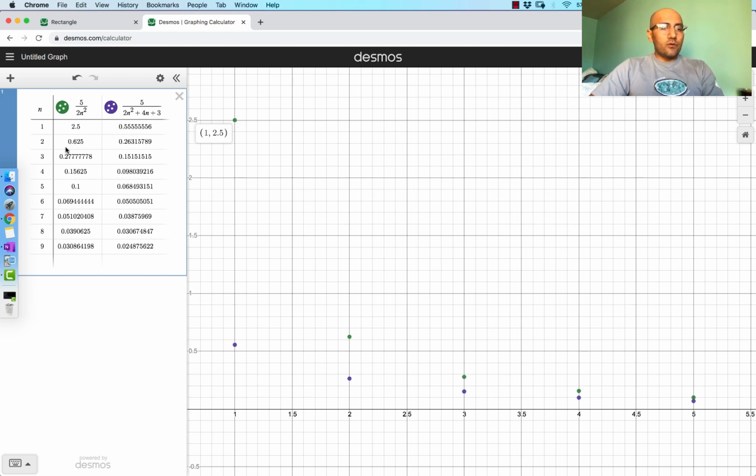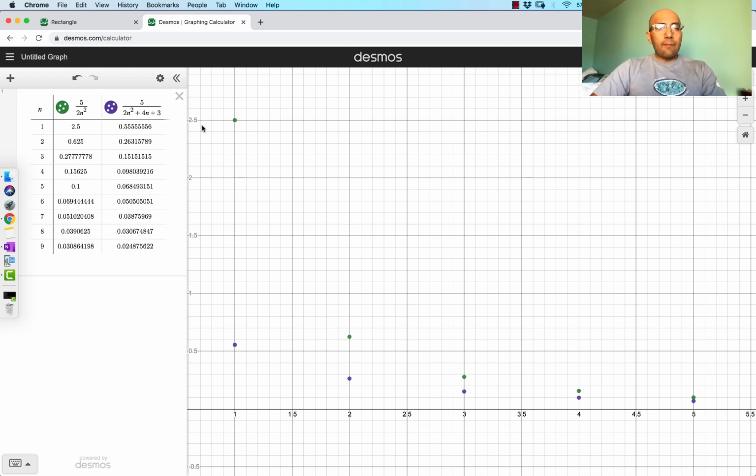When n equals 2, we get 0.625, that's this one, as compared to 0.2631. It's this one right here. As we keep going, we see that the green one is always bigger than the purple one, right? The individual terms of this one are always larger than the individual terms of this one.